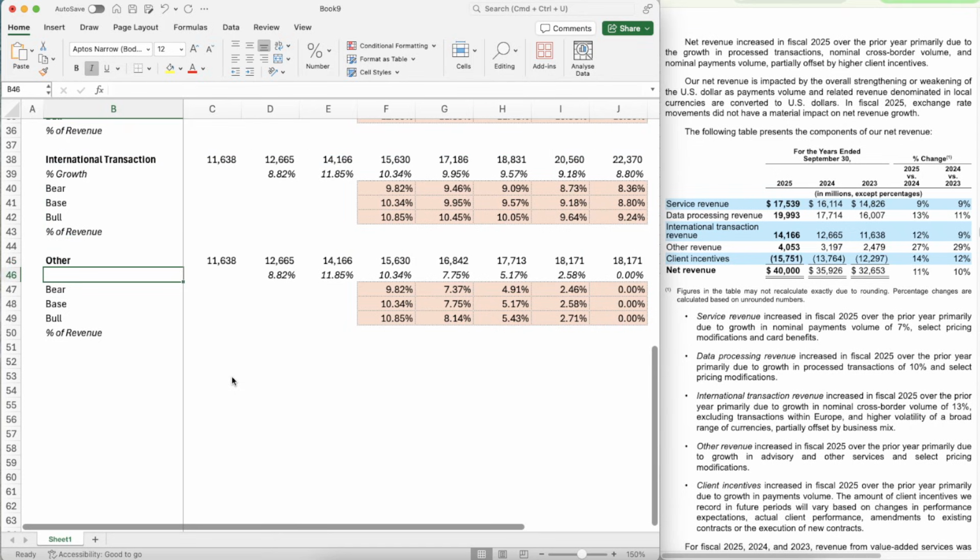Oh, sorry. Equals 12. 2479, 3197, 4053. This is growing fast.